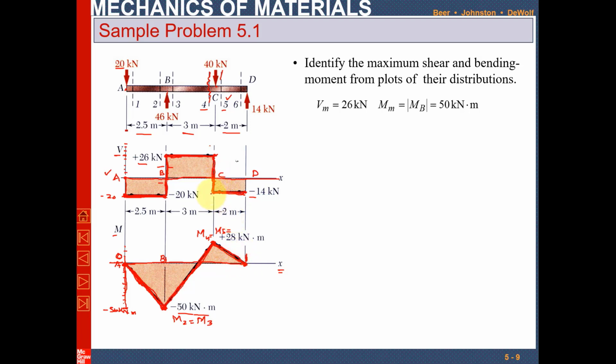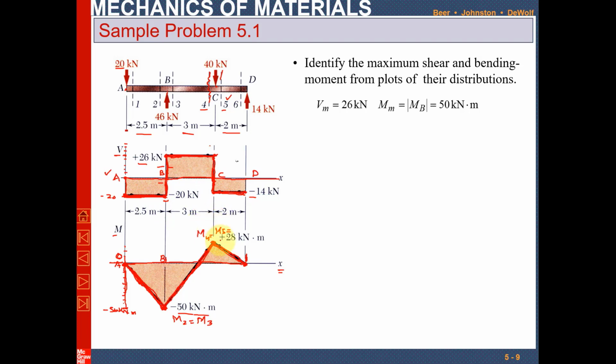Again, the shear force is going from negative to positive, and again from positive to negative, so that is why this linear equation is going upward, and here it is going from positive to negative, so the shear force will be downward. So this is how you can find the shear force diagram and bending moment diagram.